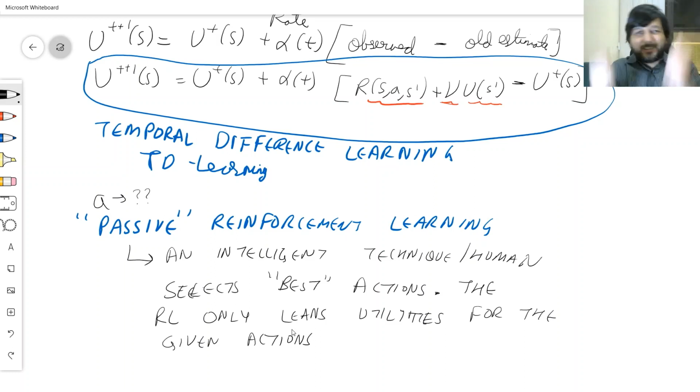Passive reinforcement learning is when someone else is taking the action. So somebody is driving the car for learning how to drive. That's not you. Somebody is playing the game. That's not you. Somebody is giving a question answer interview session. That's not you. Somebody is walking. That's not you. So somebody is doing all the best things, and you as a child are just looking at what is going on and learning the utilities in your head by a mere observation of what this person is doing.